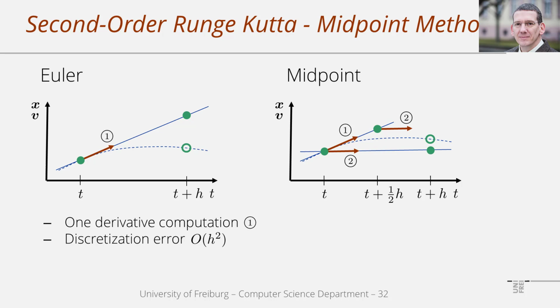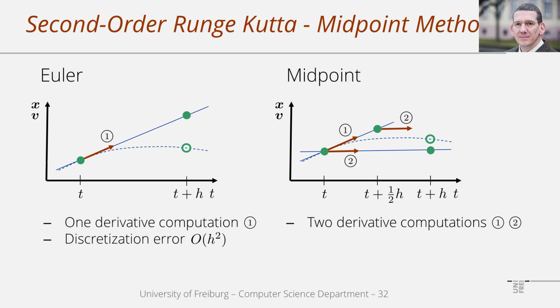Now we make an Euler update, but we use only half of the time step h. This means that we get an estimate of our function at time t plus 0.5 h. Now for this intermediate value, we compute another derivative, here marked with 2. And finally, we take this derivative, apply it to the original function value at t, and make an Euler update from t to t plus h.